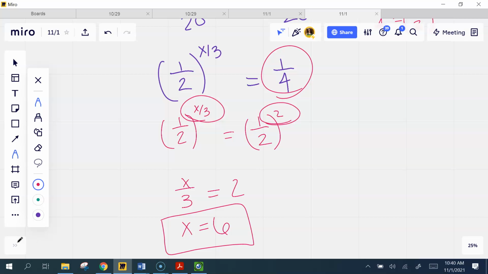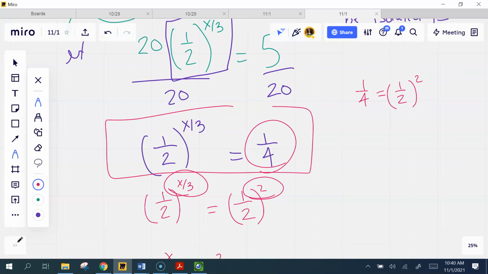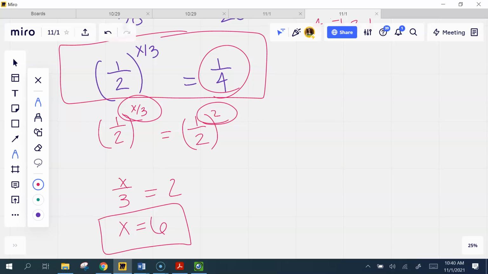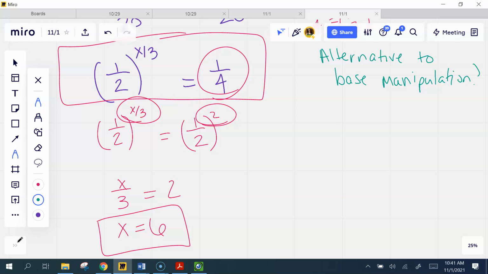Can anybody think, whenever I got to this point, of another way besides base manipulation that maybe I could have solved that? Okay, I could try to graph it.